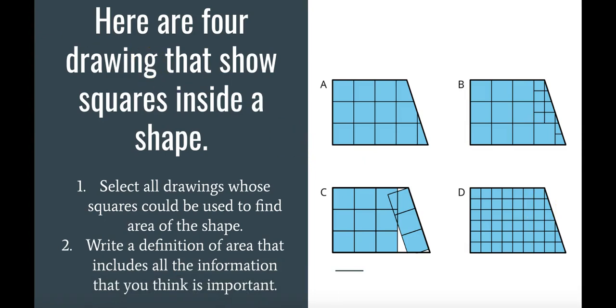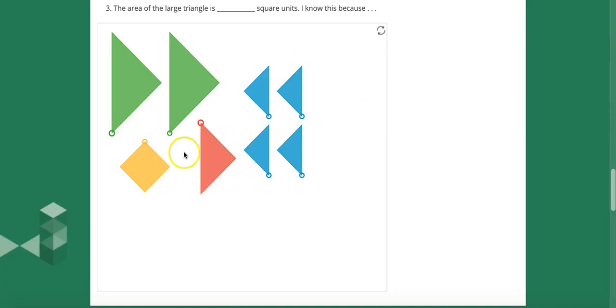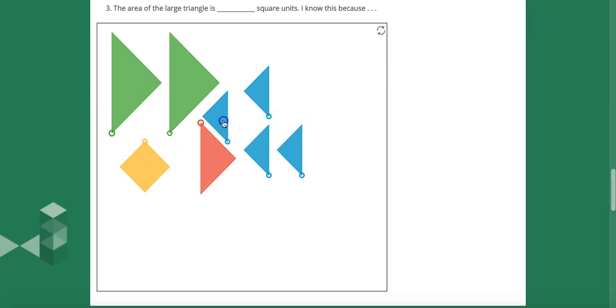Earlier when I was talking about finding spaces, if I take these and kind of like I was talking about before, we can see that, yeah, one of those triangles is half of the square. So we could say each of these triangles are 1/2 square unit.